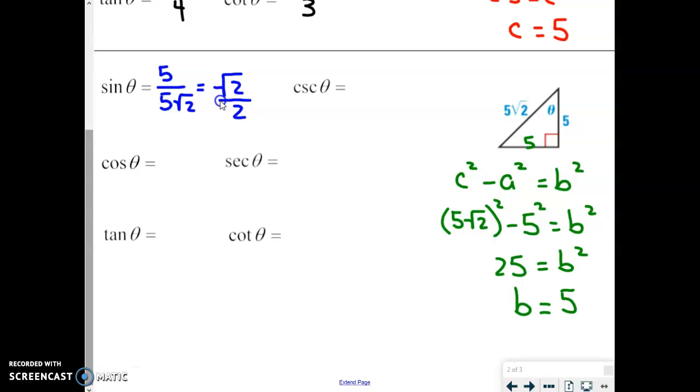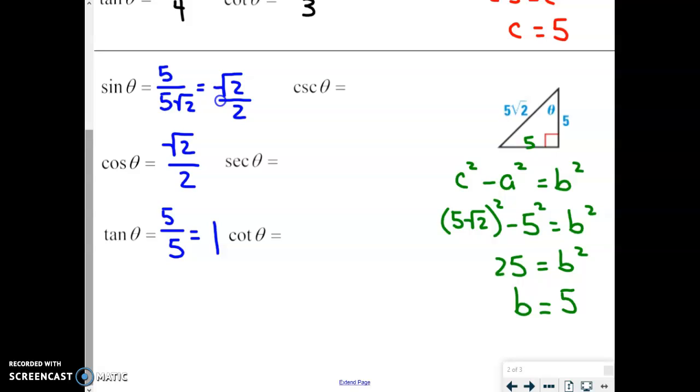The next one is the exact same value since the adjacent and the opposite are exactly the same. So in this case, it would be the square root of 2 over 2. And the tangent in this case would be 5 over 5, which is simplified down to 1.